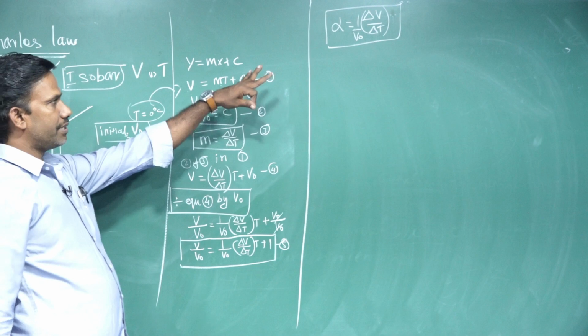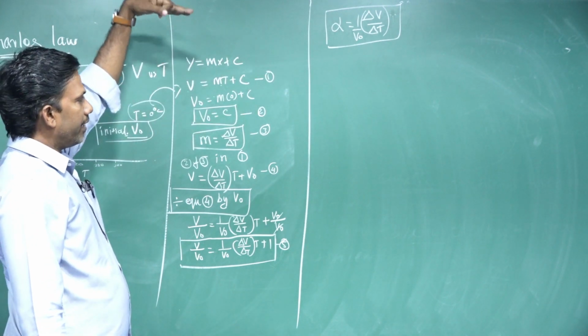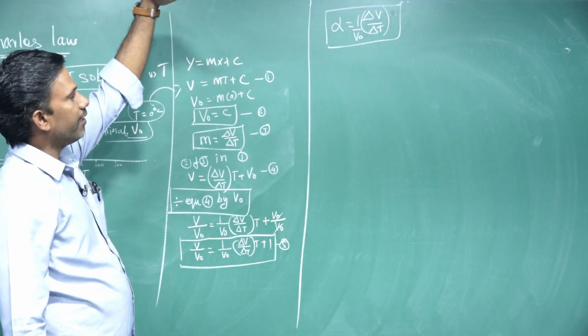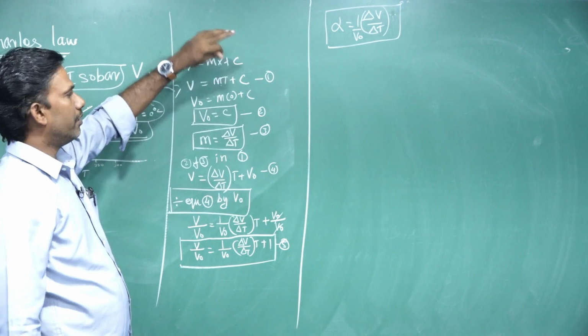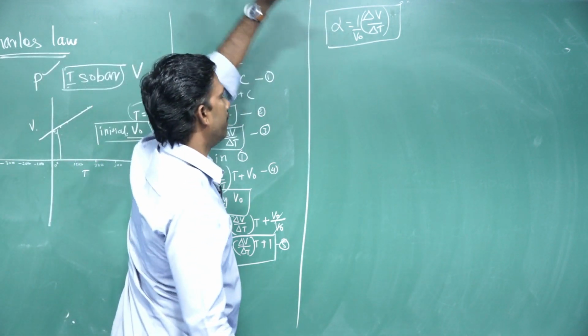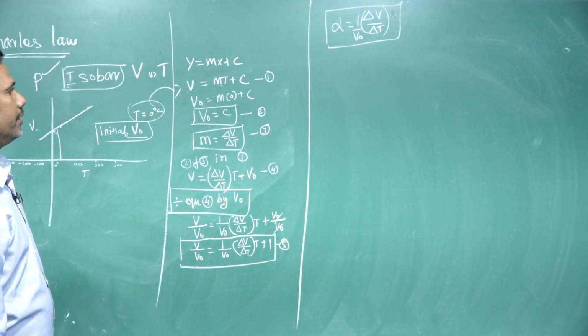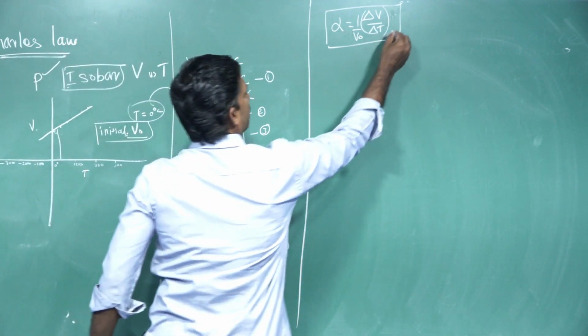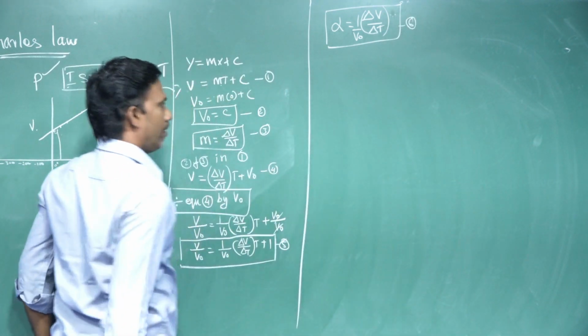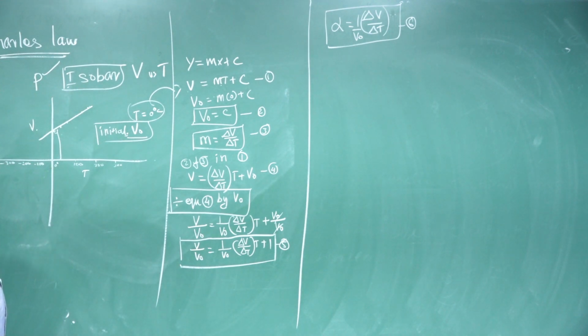What does it mean? When the temperature rises, there is an increase in volume. That volume coefficient can be given like this, equation 6: alpha equals 1 by V naught del V by del T.